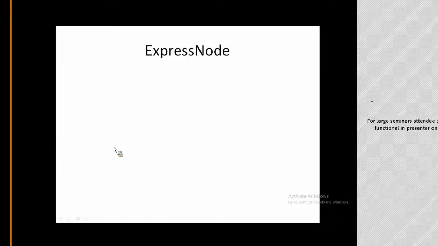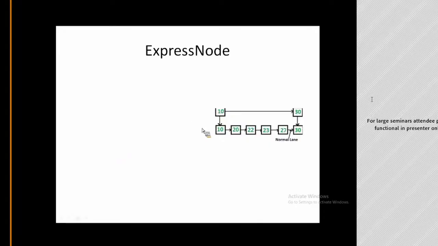Now, express node. Before I show you an express node, they are linked lists, as you are seeing over here. Now, can you write a linked list which is going to represent the express node?